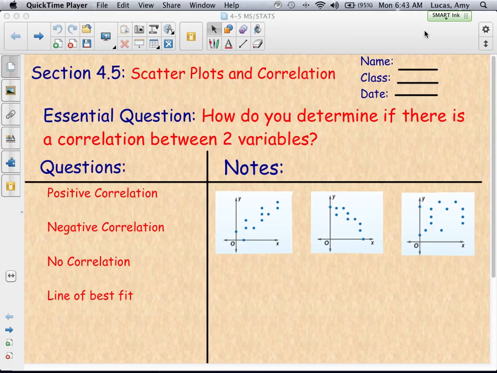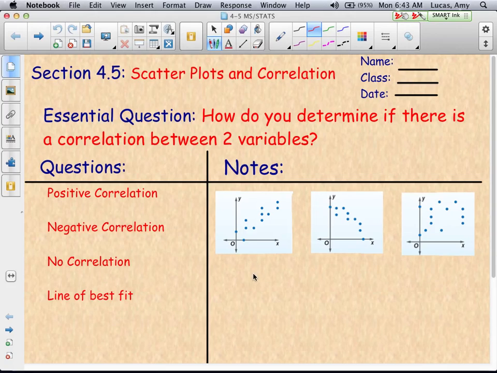So positive correlation is the first graph because the data points are going up in a positive pattern, like a positive slope, rise from left to right.